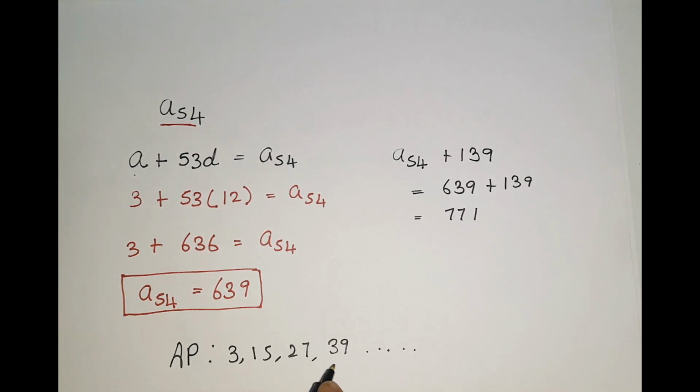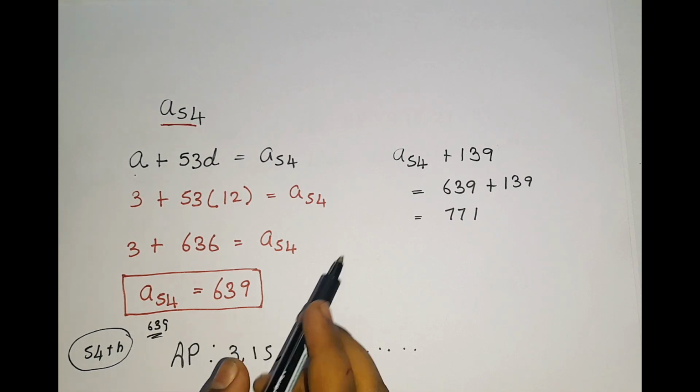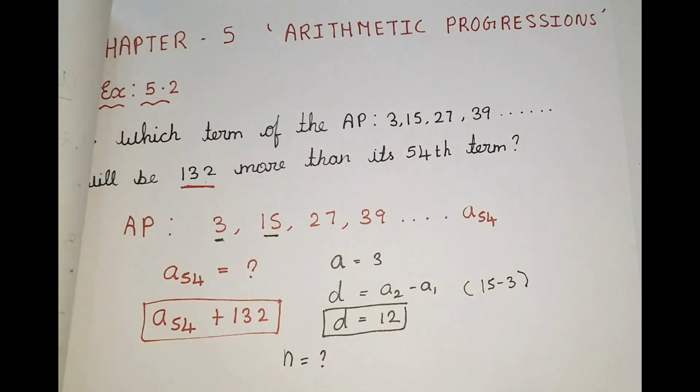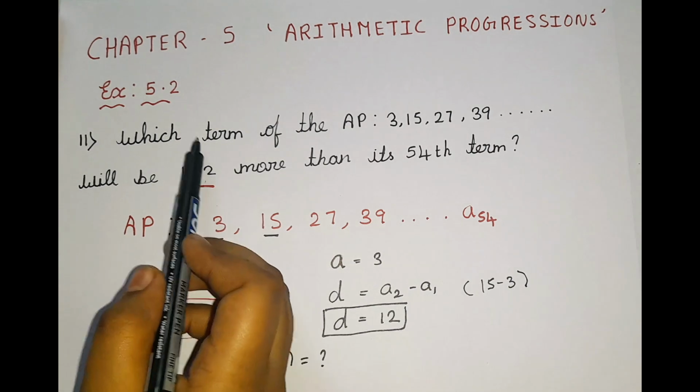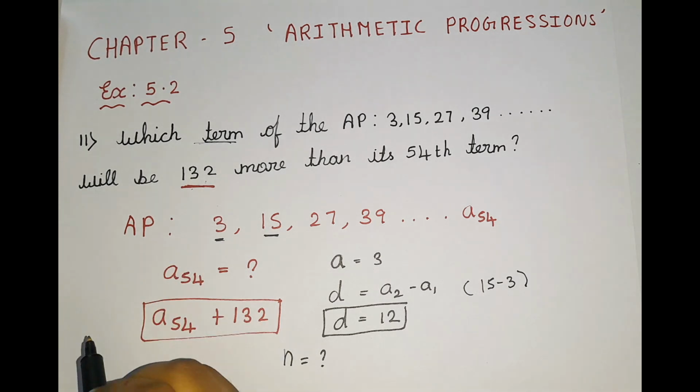We didn't know the 54th term, it was in question mark. We found the 54th term, that is 639. Now we got the missing term. We are supposed to find which term will be 132 more. Which term is 771?